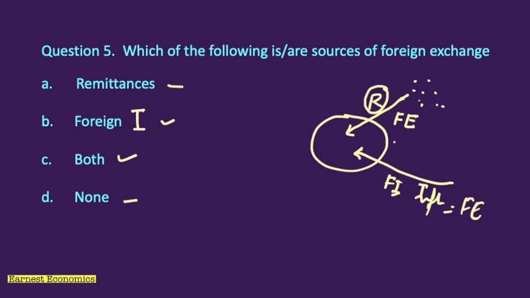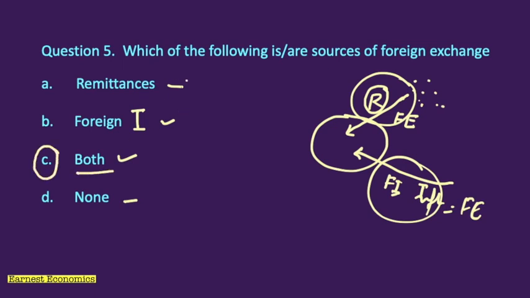So we understand here that both the remittances and the foreign investment become sources of foreign exchange for an economy. Therefore the right option in this case is C. Both the remittances and foreign investment serve as sources of foreign exchange.